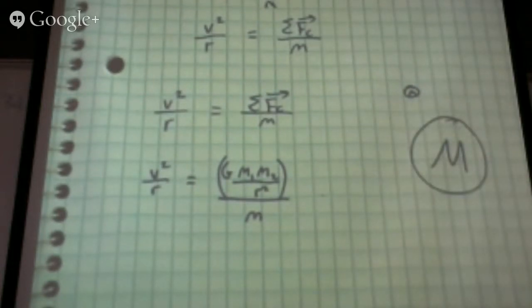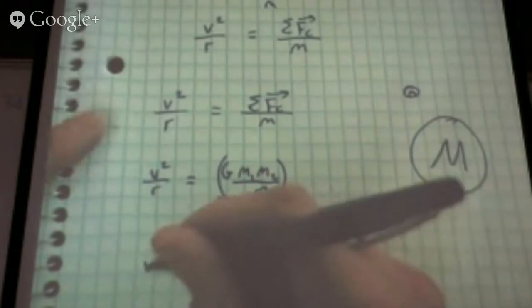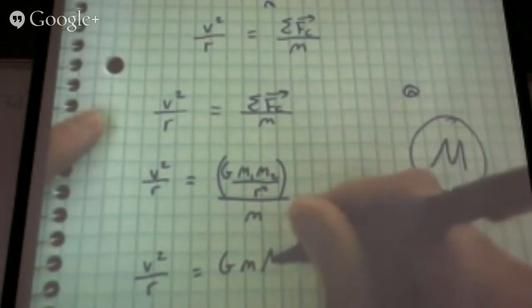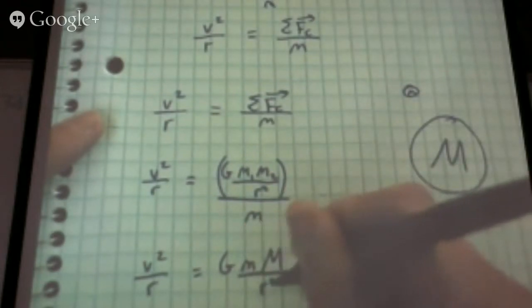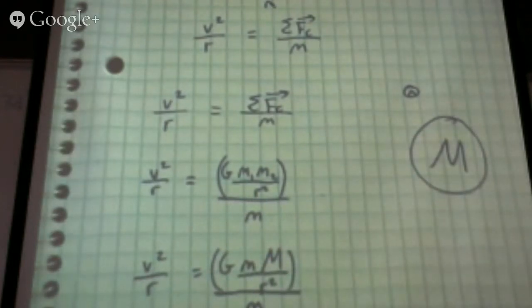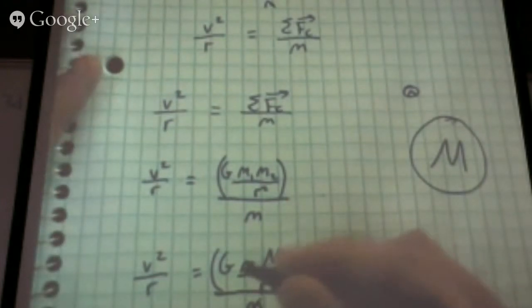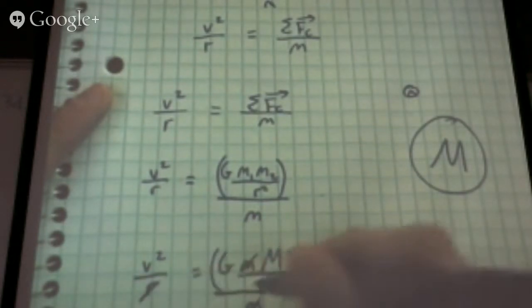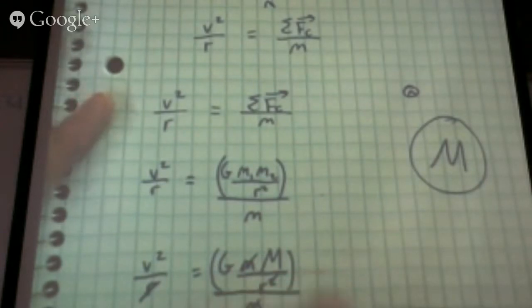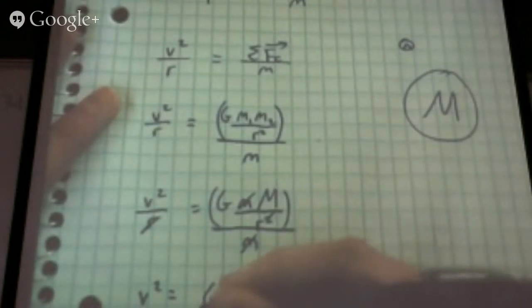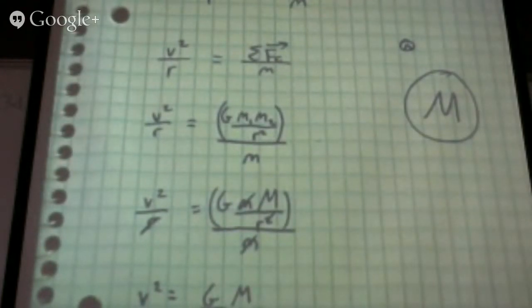So let's substitute G little m big M over r squared, divided by little m. Then the little m's cancel. If I multiply both sides by r, one factor of r cancels, and I get v squared is equal to G big M over r.